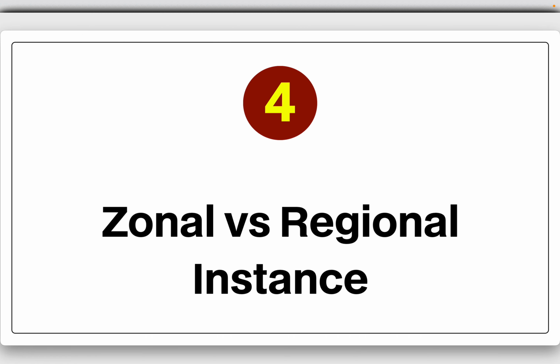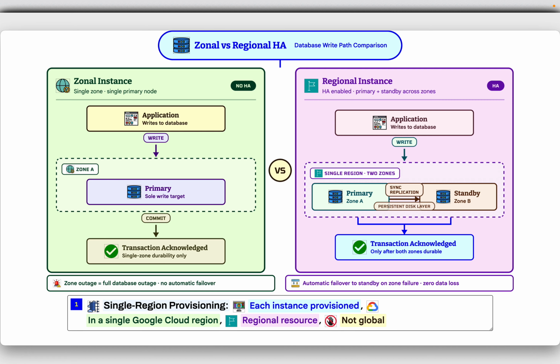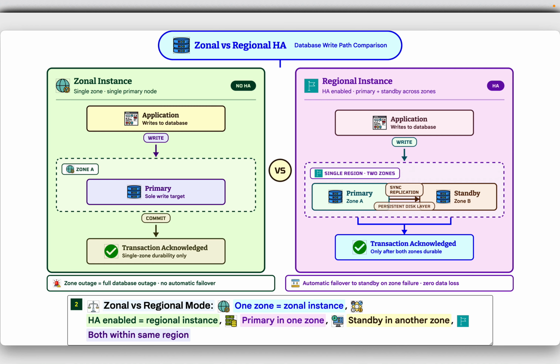Fourth topic is zonal versus regional instance. Each instance is provisioned in a single Google Cloud region and is therefore a regional resource, not global. When you choose only one zone, the instance is zonal.